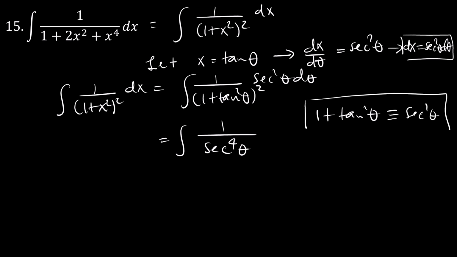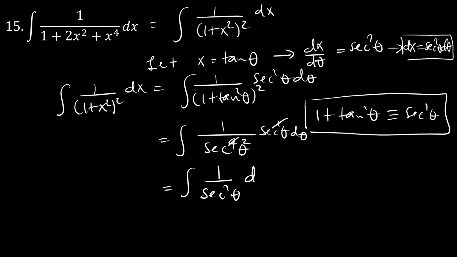This is an important relation. So this power 2 leaves 2 here, so we are left with the integral of 1 over sec squared theta, which is the same as the integral of cosine squared theta.